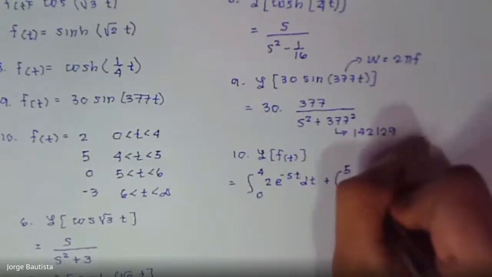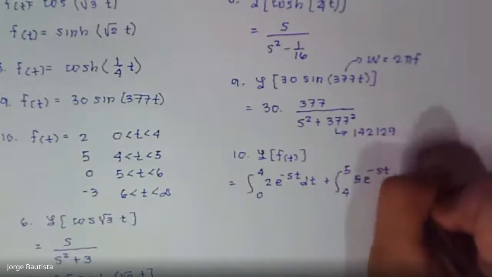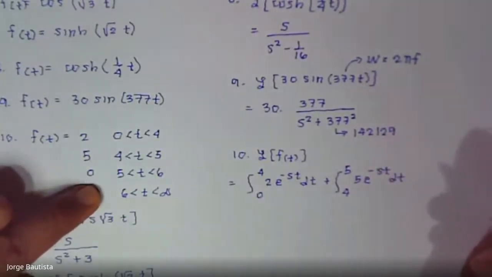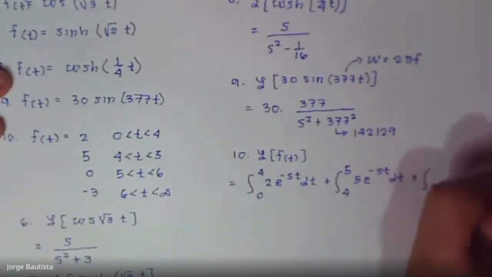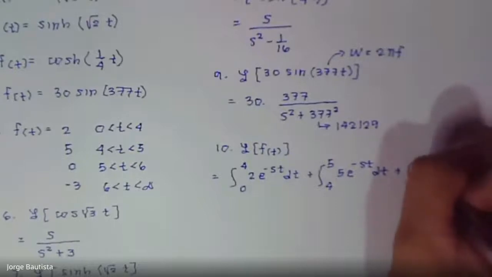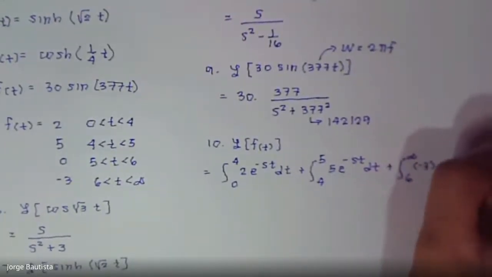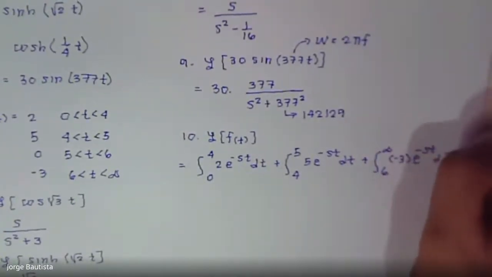No? You have 5 e raised to negative st dt. So, wag na natin i-integrate yung 0. Wala rin naman. Okay? Plus, you have integral from 6 to infinity of negative 3 e raised to negative st dt.